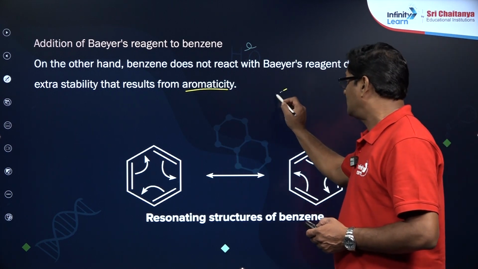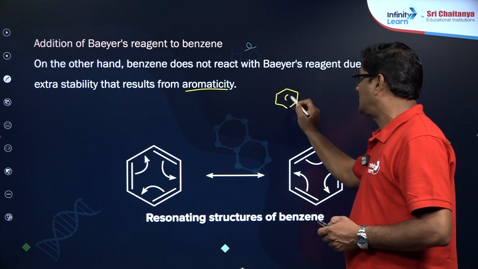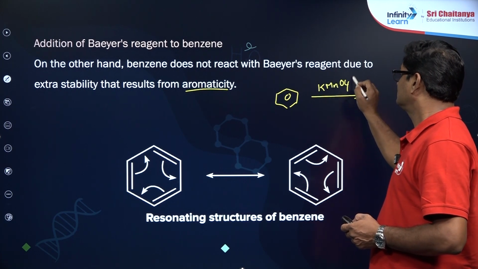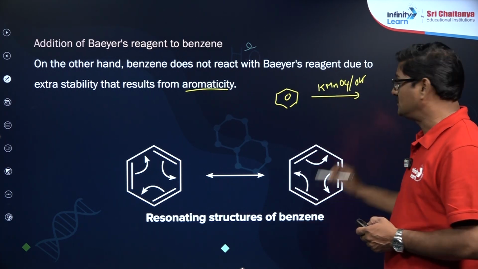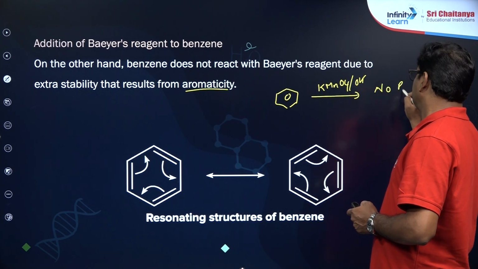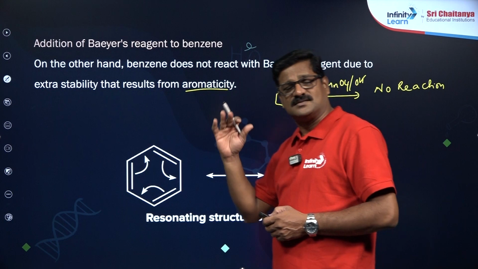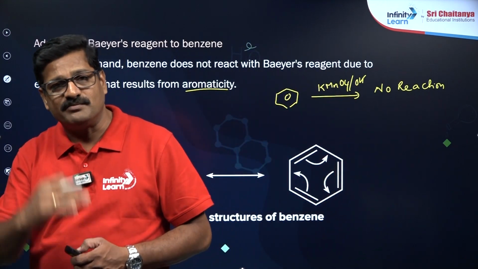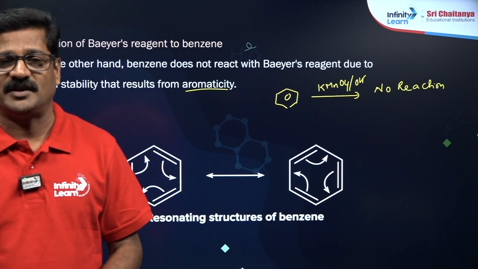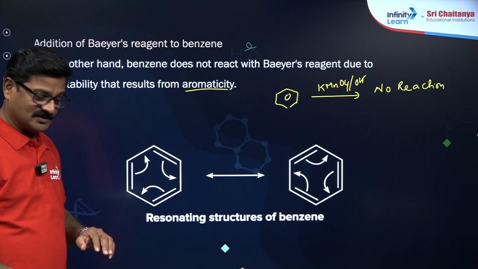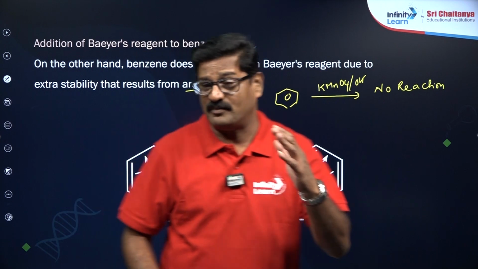When benzene is reacted with alkaline KMnO4 in the cold condition, there is no reaction. So, though it has 3 double bonds, benzene does not react with KMnO4 due to a special character called aromaticity. So we will go into the details of aromaticity.